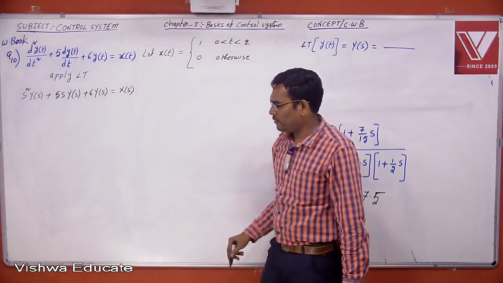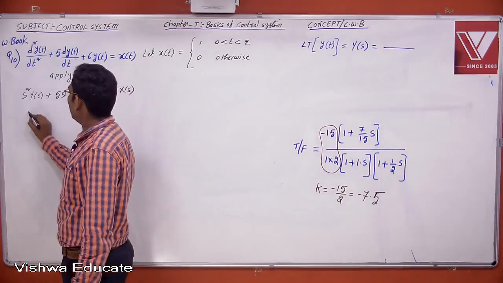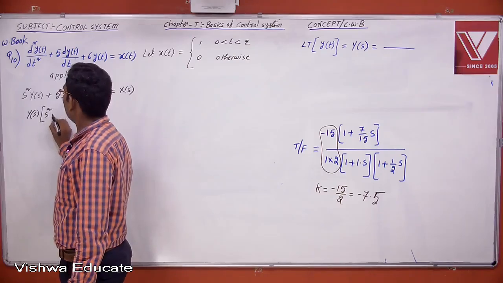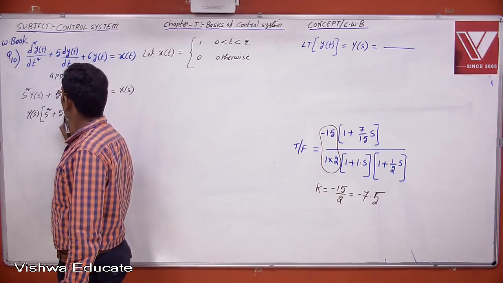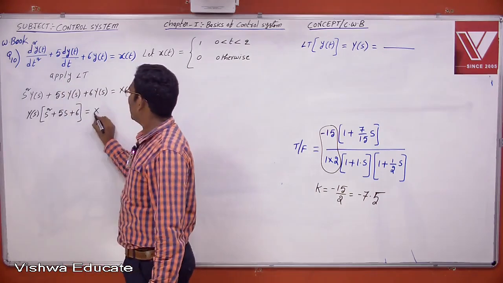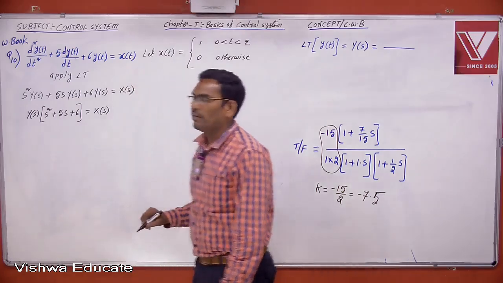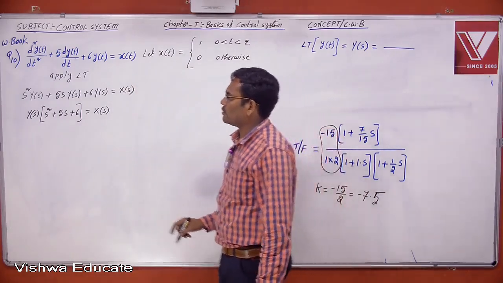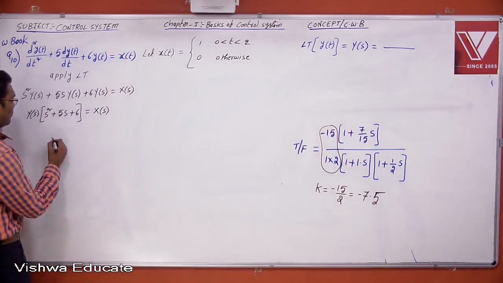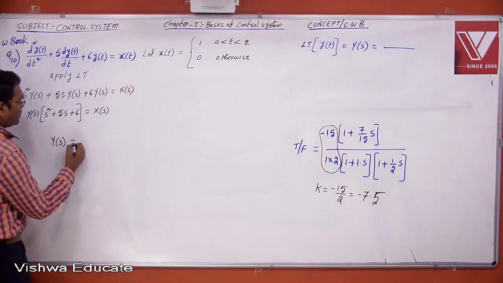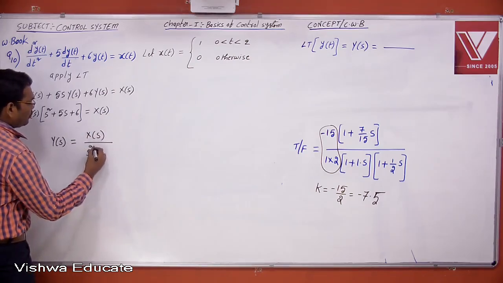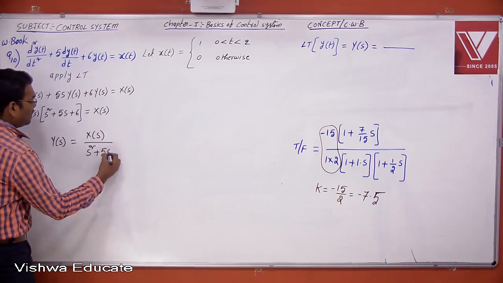Now if you take Y of s as common, s square plus 5s plus 6, which is equal to X of s. Then Y of s is equal to X of s by s square plus 5s plus 6.